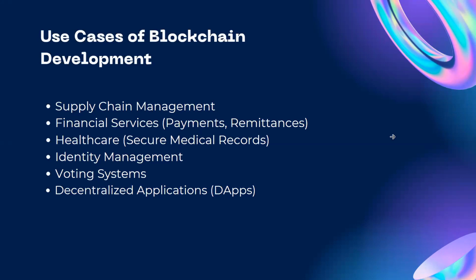With that, I can trust it because blockchain is immutable, so the records are not altered; they are the actual records. So in the supply chain, there are a lot of possibilities to improve. And then you have financial services, which is for payment remittance.